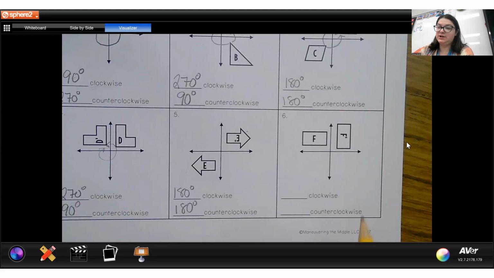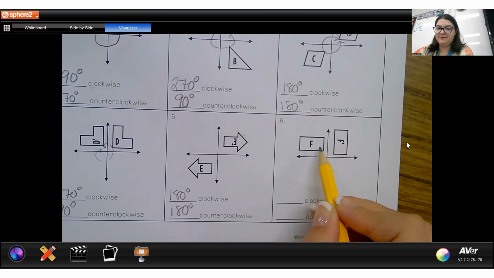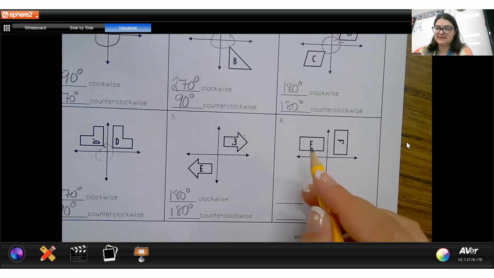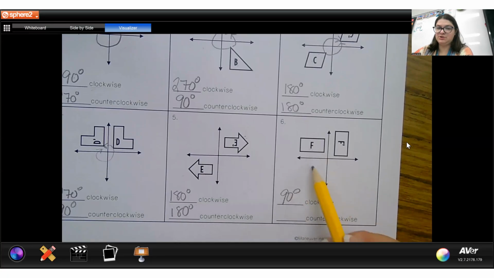And this last one here, F to F prime. Going clockwise, F to F prime is just the next quadrant over, so that is 90 degrees. Going counterclockwise, from F to F prime, we go through 1, 2, 3 quadrants.